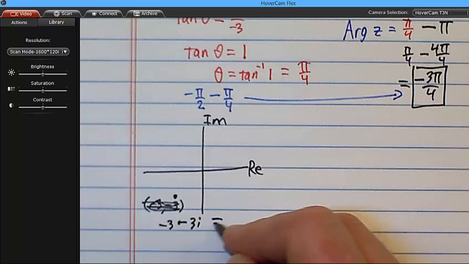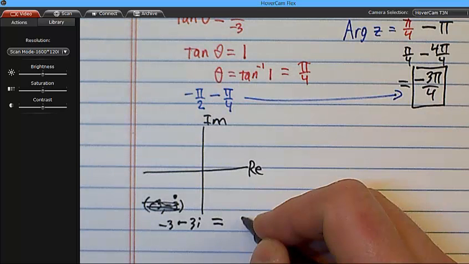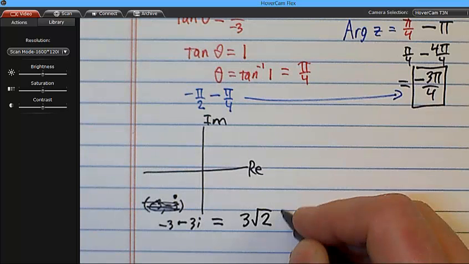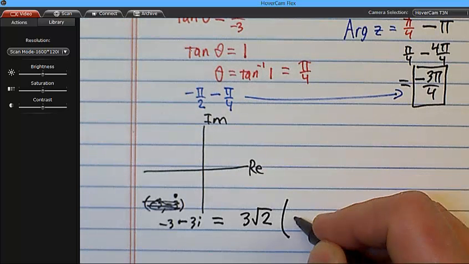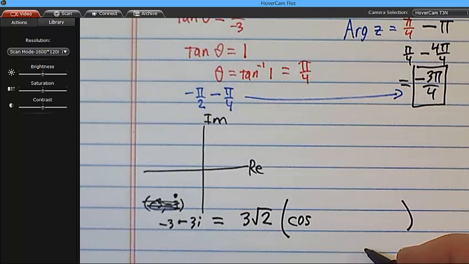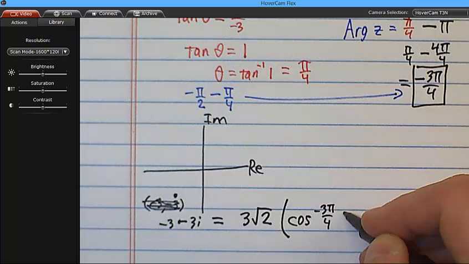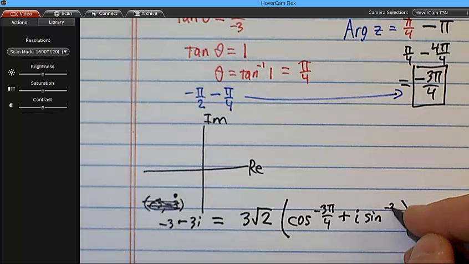But another way to write it, what we learned, is that we can write it as 3 radical 2, because that's my modulus, times, and there's a big parentheses here, cosine of that angle we just found, negative 3 pi over 4, plus i sine negative 3 pi over 4.